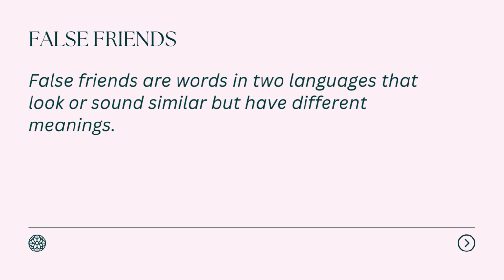When English speakers hear the word embarazada, they might think of it as embarrassed instead of pregnant. So, with false friends, because a word sounds similar to another word in another language or in the same language, it can confuse the speakers and learners, therefore creating mistakes.